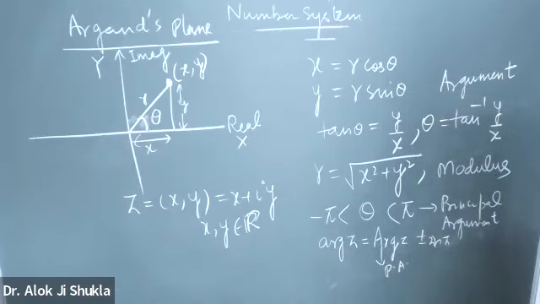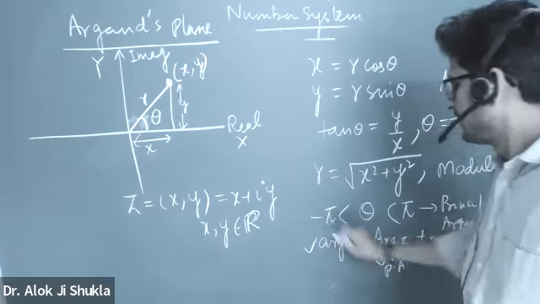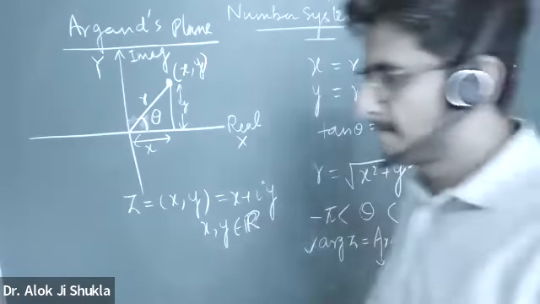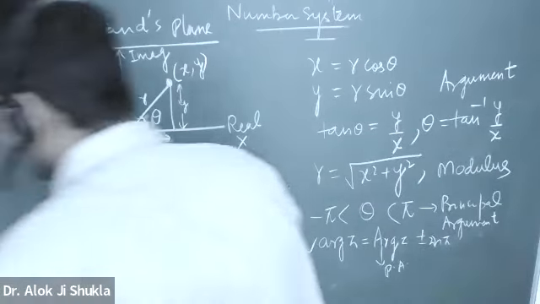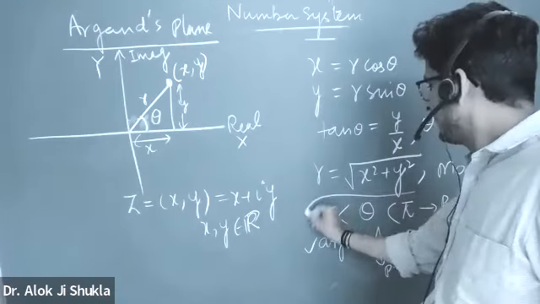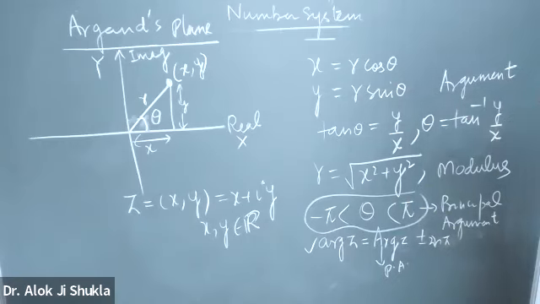Its value should be between minus pi to pi. And this is the general argument. Its value will be argument plus minus 2n pi. यहाँ तक clear? जब principal argument पूछा जाएगा तो we will tell a value which lies between minus pi and pi.